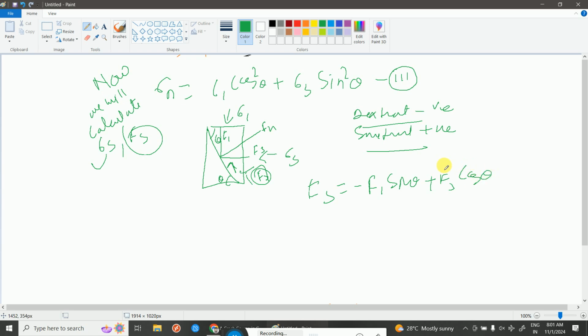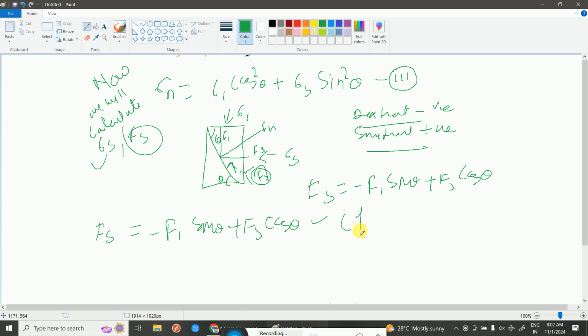Now put the value of F1 and F3 from equation 1 and 2, which we calculated at the start.